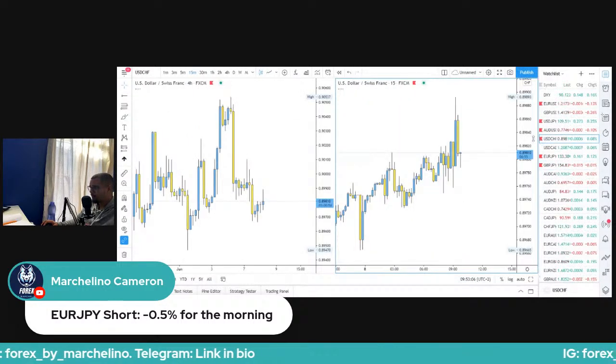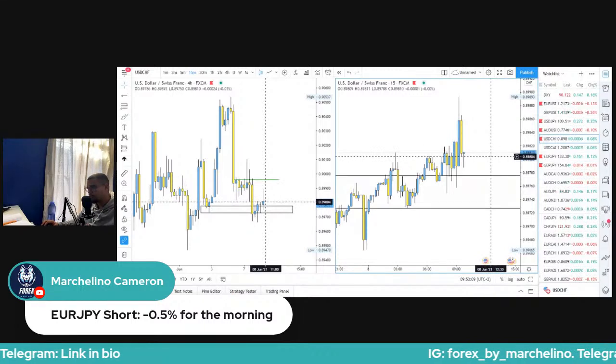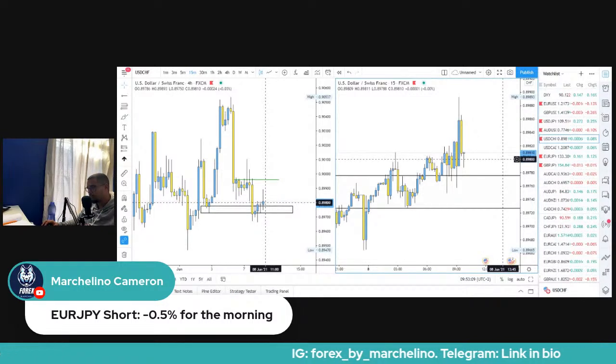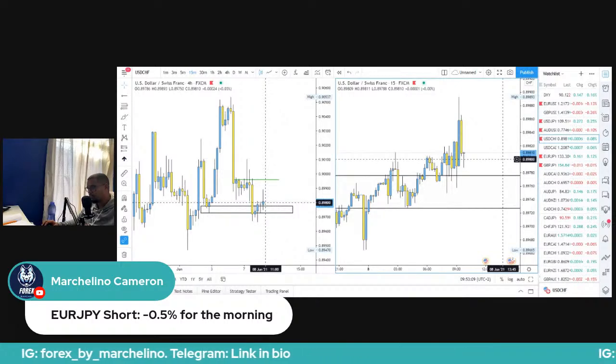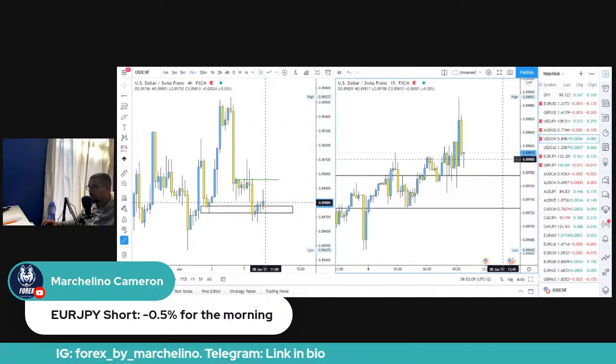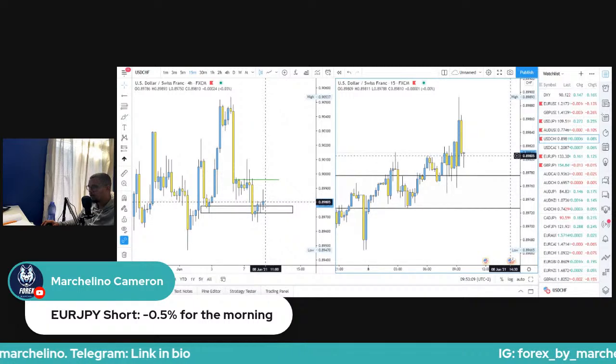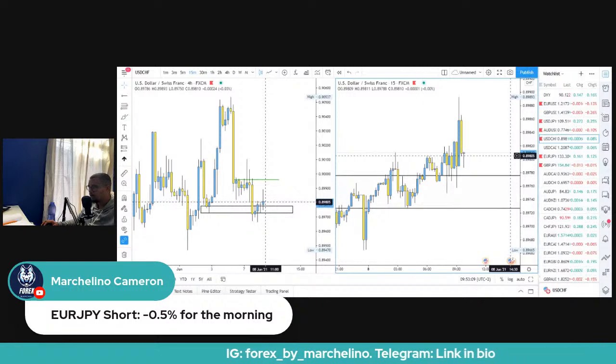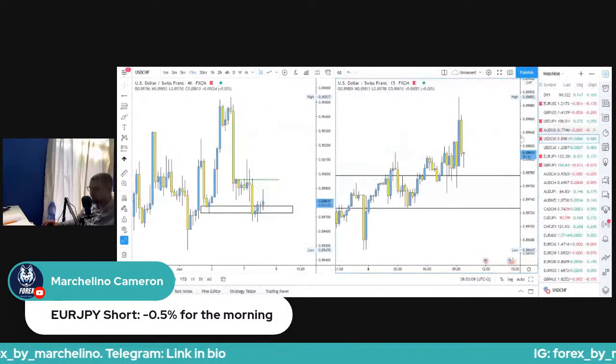I don't know why over the past couple of days I've been looking at USD CHF so much. That seemed like a decent one, going up.